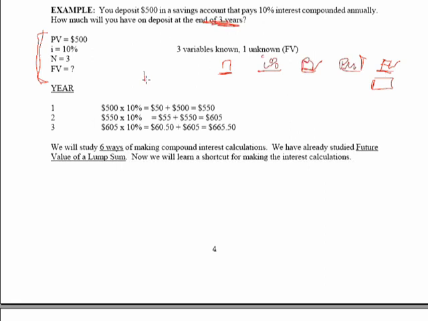Sometimes I even write the type of problem out to the side, future value, and it's going to be a future value of a lump sum, because I deposit 500 in the savings account. I can even add the word today there, which is our keyword buzzword for present value. In fact, that's what I'll enter next. So I'm going to put 500 into PV.